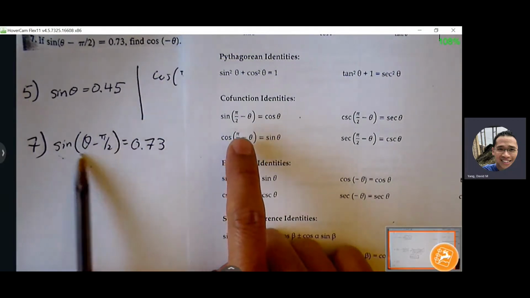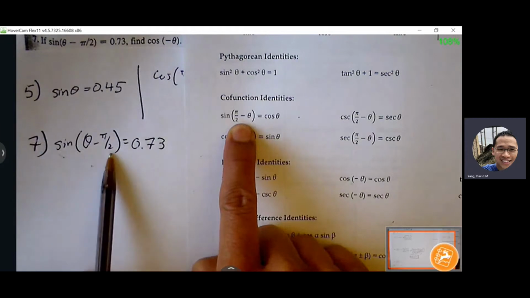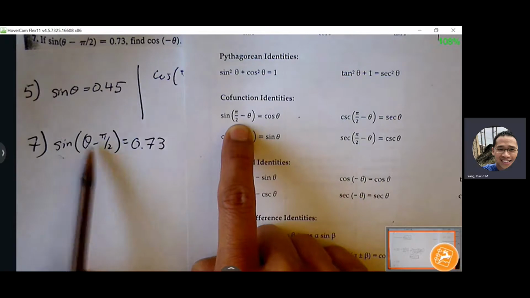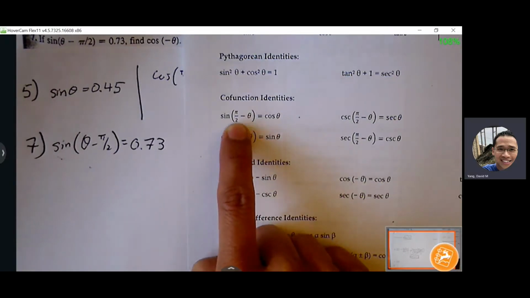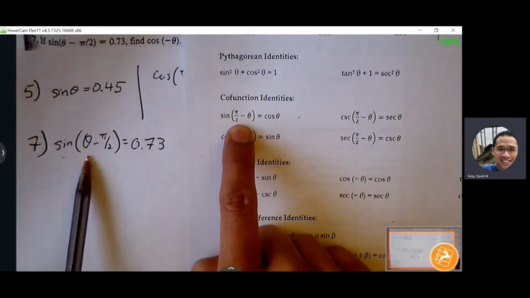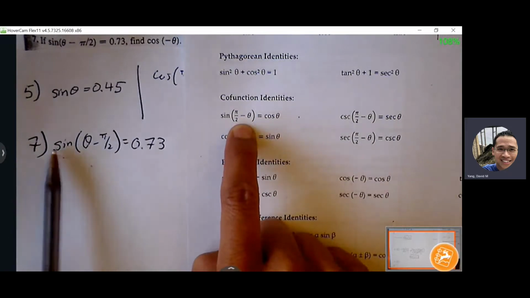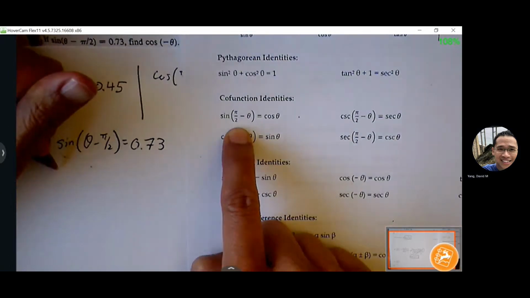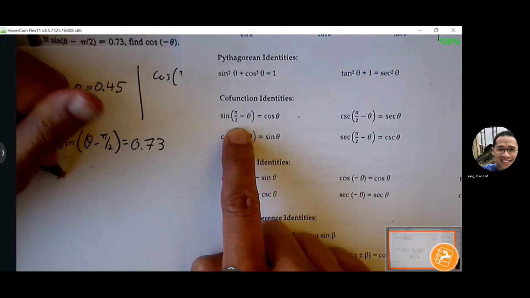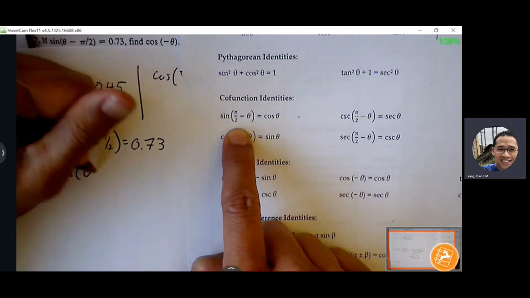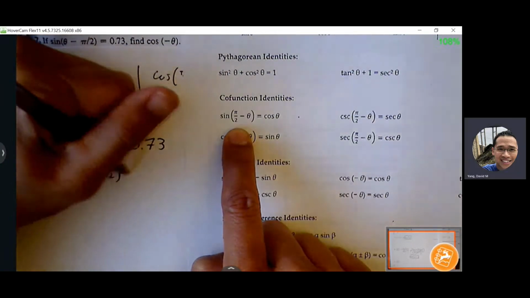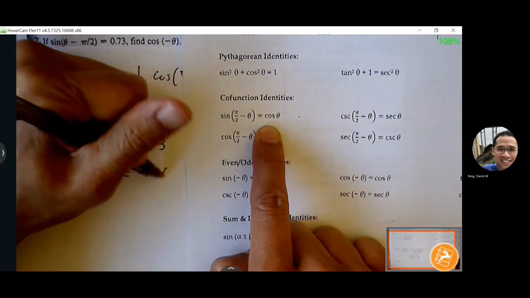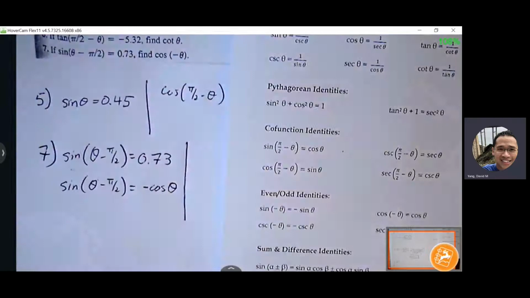So what do you think is the relationship between this and this? Okay, they're going to be negative versions of each other. So based off of this, sine of theta minus pi over 2 is just negative cosine. I'm just going to hold on to that information for now.